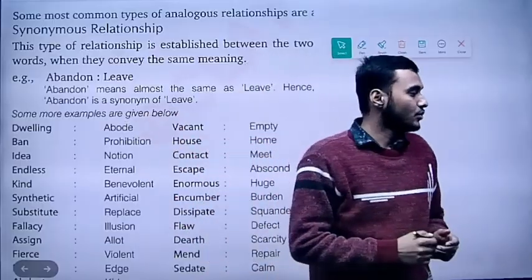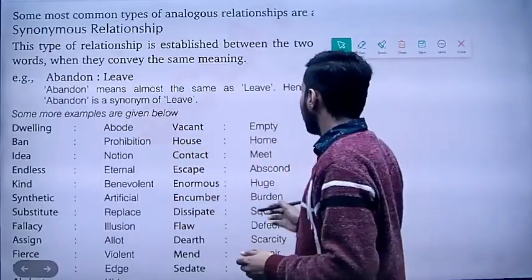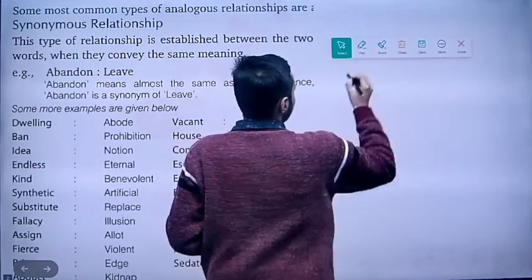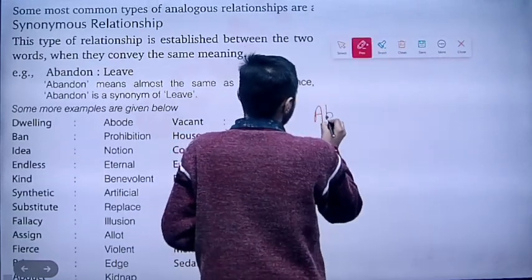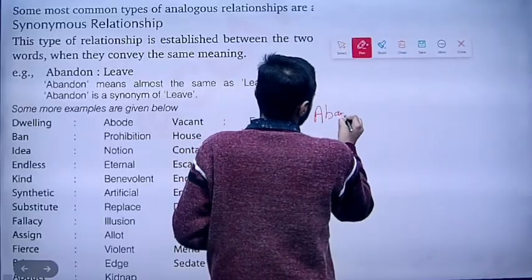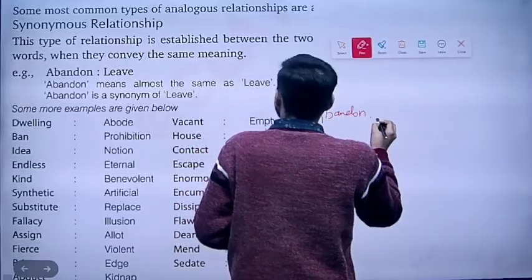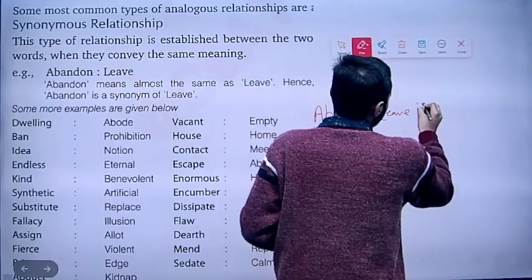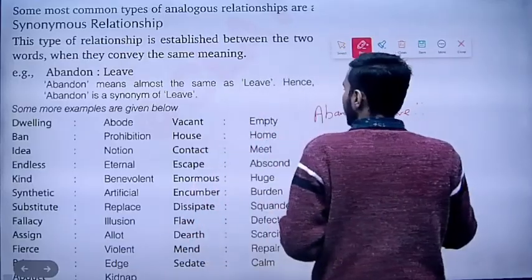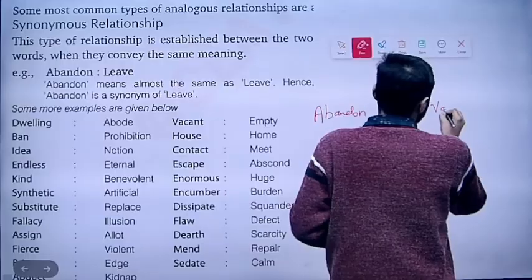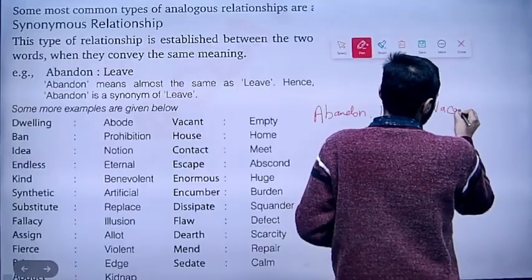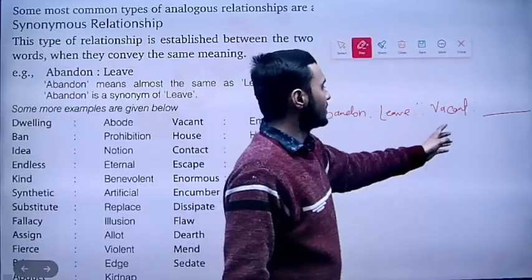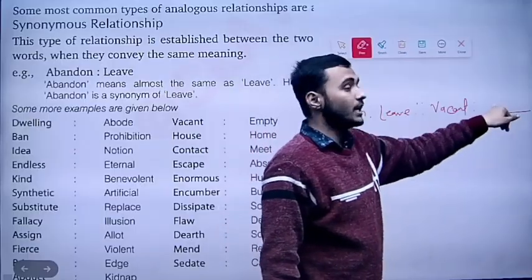So you will find that if there is a question, abundant is to leave, and then you will get vacant. So now you have to answer what will be the answer which comes in that place.